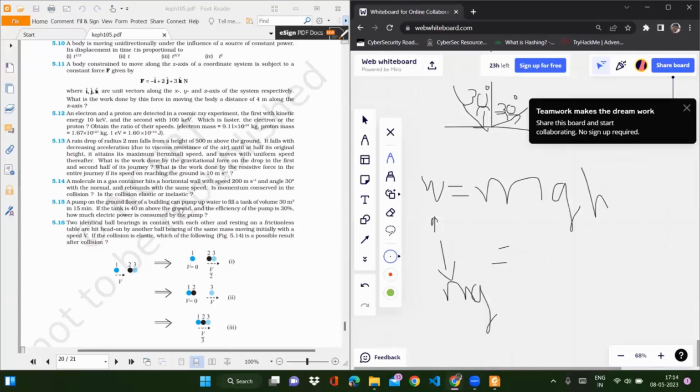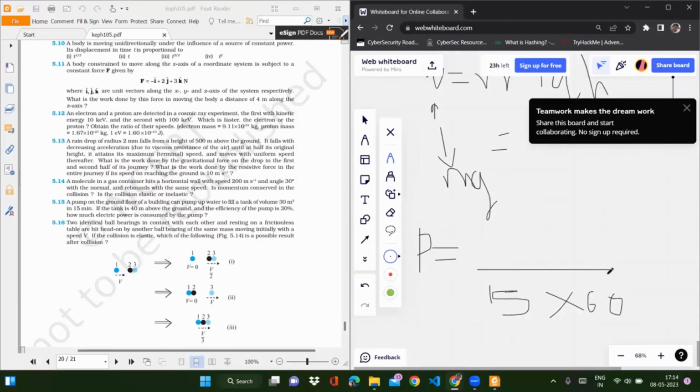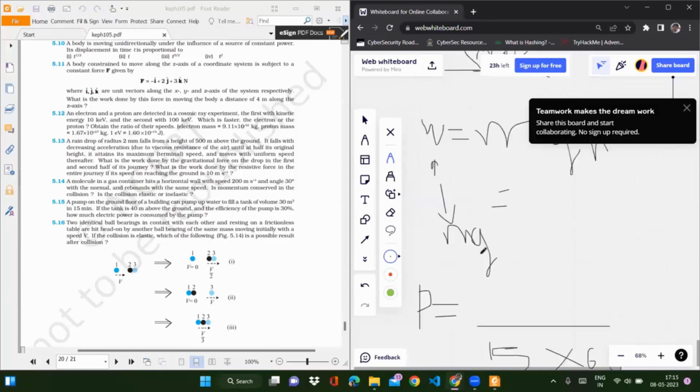And then for calculating the power, the time is given to be 15 minutes. So power equals work done per unit time. The time is 15 minutes, which will be taken as 15 into 60 seconds. Always remember to take all the physical quantities in their standard SI units, so that there will be no problem in the calculations.